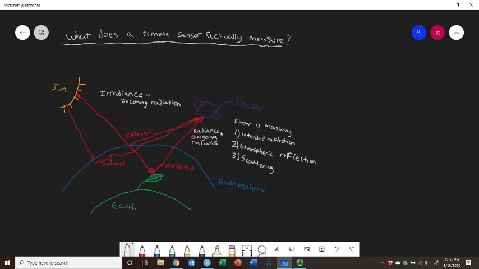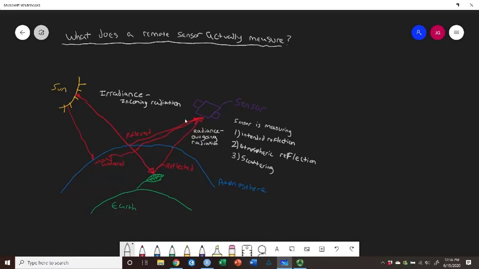Just to clarify, this incoming and outgoing is relative to the Earth. So irradiance is the radiation incoming to the Earth, and radiance is the radiation outgoing from the Earth. Just to recap, irradiance is incoming radiation, and radiance is outgoing radiation.